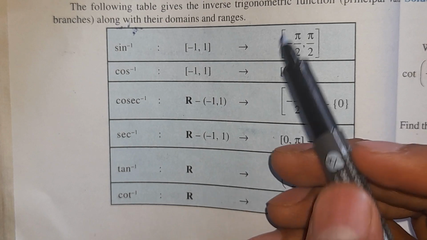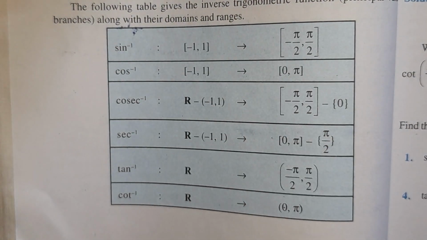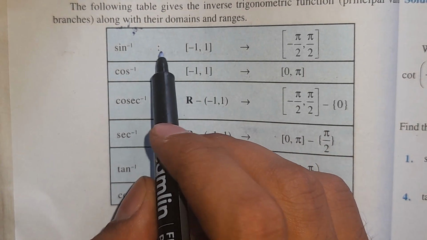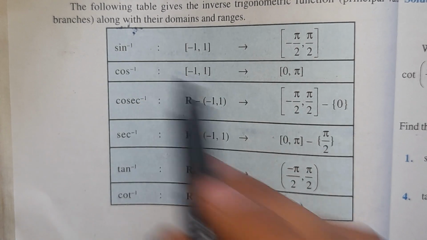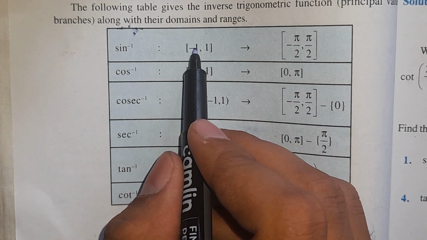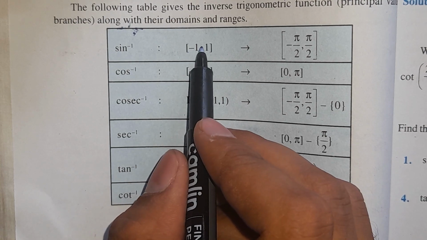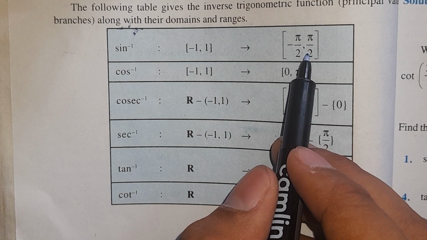So the domain and ranges are given. Sine inverse has domain -1 to 1, both included, so it will give values between minus pi by 2 and pi by 2.